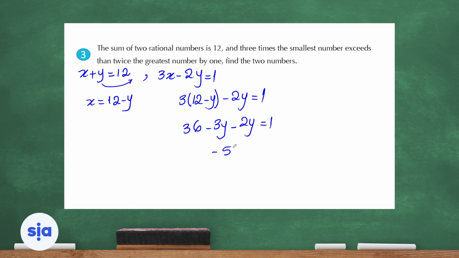So negative 5y equal negative 35. So y equal 7. After we get y, we can get x by substituting y by 7. So 12 minus 7 is 5. So one of the numbers is 5 and the other is 7. The smaller is 5 and the bigger is 7.